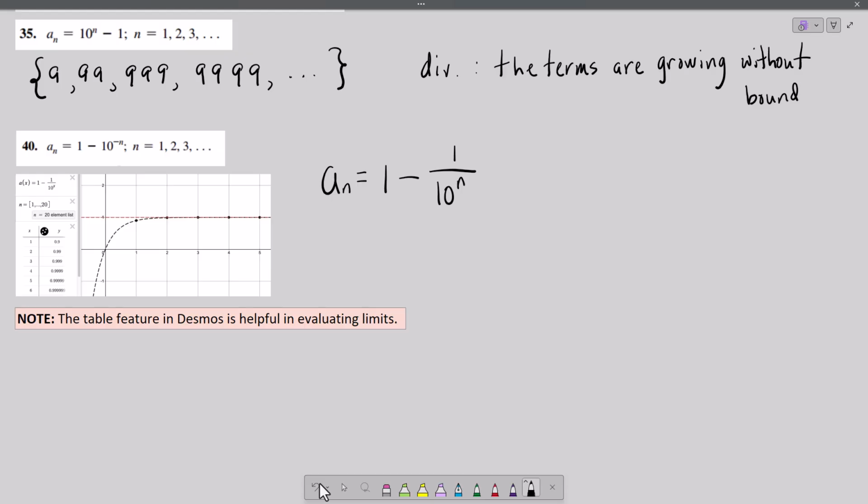Unless you are very good at visualizing exponential decay, which you can be, that's fine. Like if you look at this 10 to the negative n and you just see that it's a ski slope going down to the lodge, that's fine. But if you don't see that crystal clear, get rid of the negative exponents. It's easier to think in your mind about positive exponents.